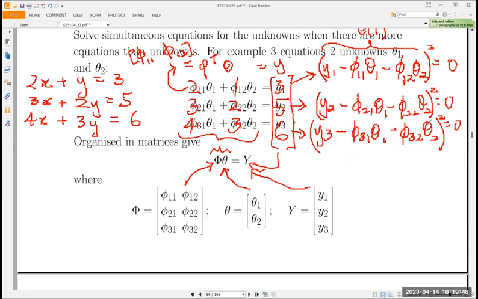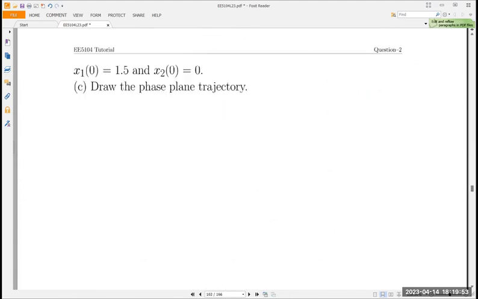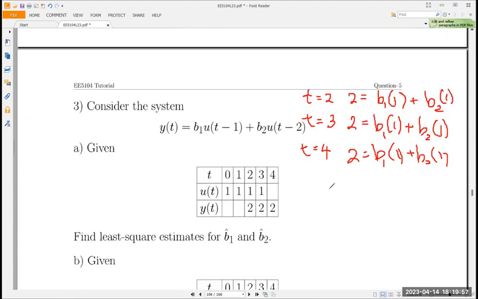So this vector here is y, which equals phi times B1, B2, where the coefficients are 1, 1, 1, 1, 1, 1.